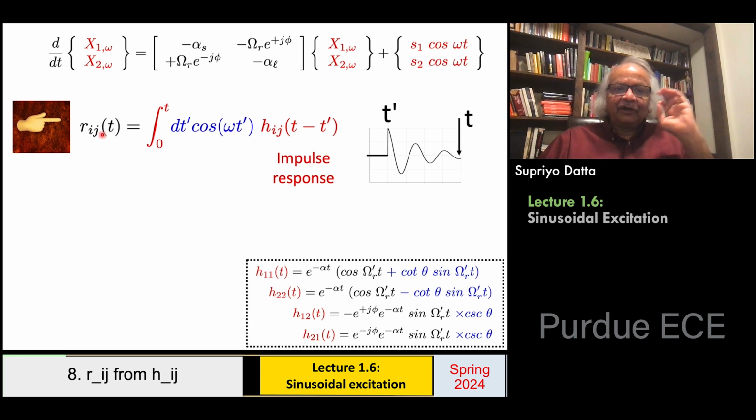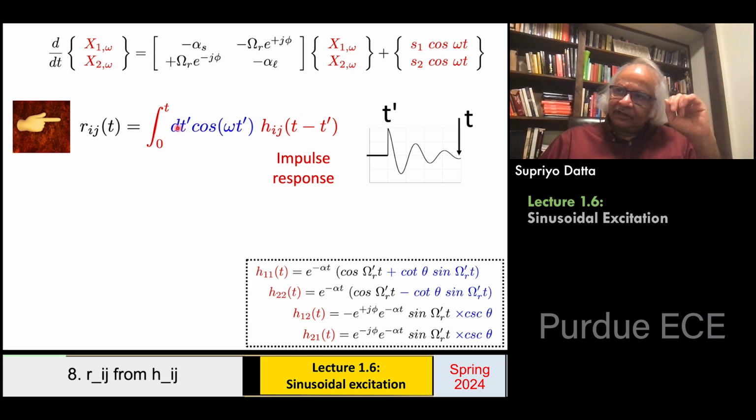This whole idea is that if I want the response at a time t, then I have to look at what the source was at time t prime, and then multiply it with what I'd get from the impulse response at t if you have hit it at t prime. So cosine omega t prime tells you the impulse that hit it at t prime, because any source you could think of as a sequence of impulses. And h tells you the response you get at t because you hit it at t prime. Then you have to integrate over all t prime.